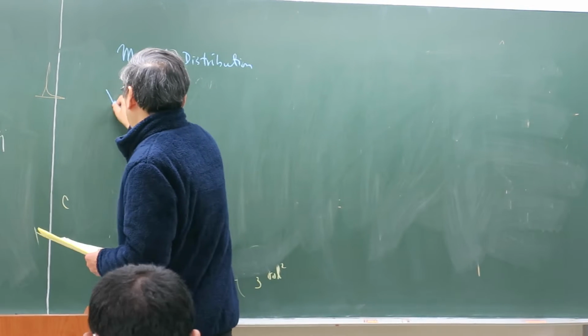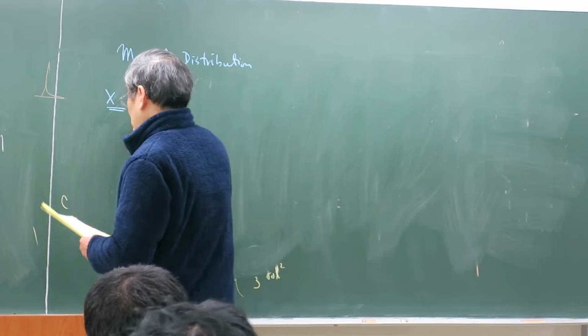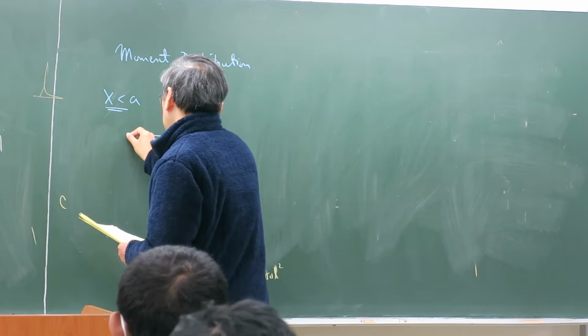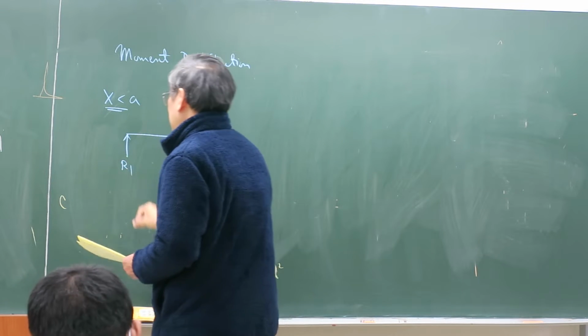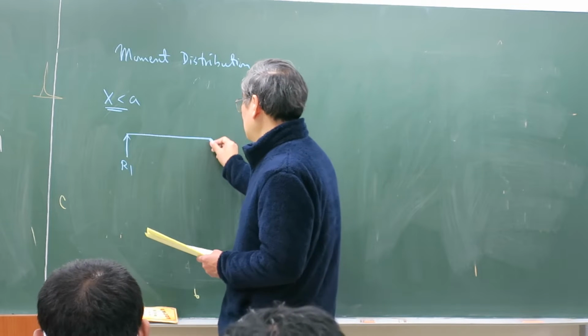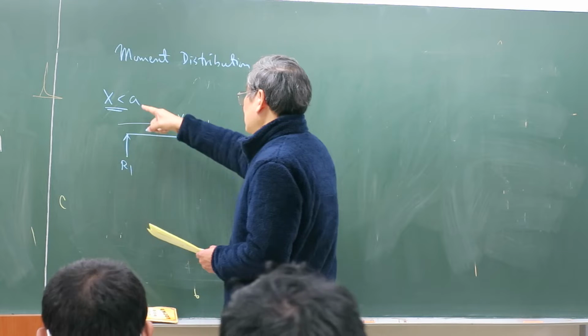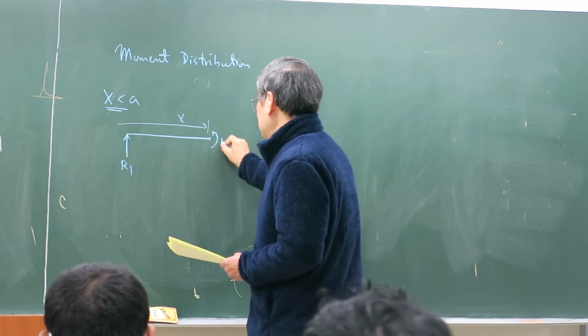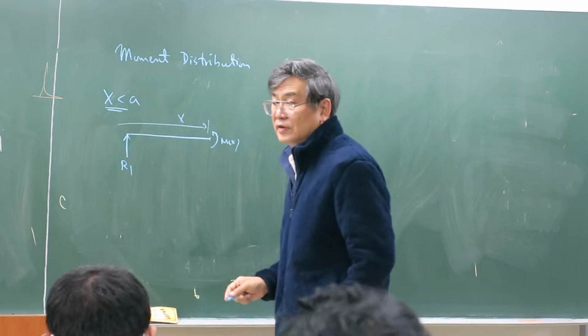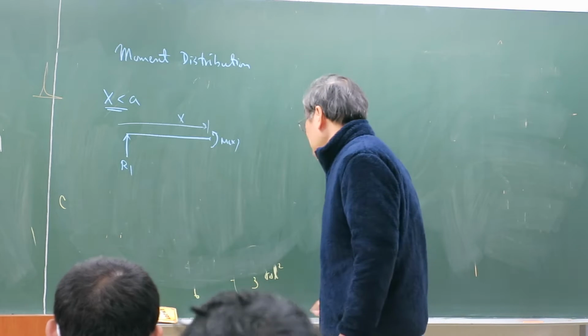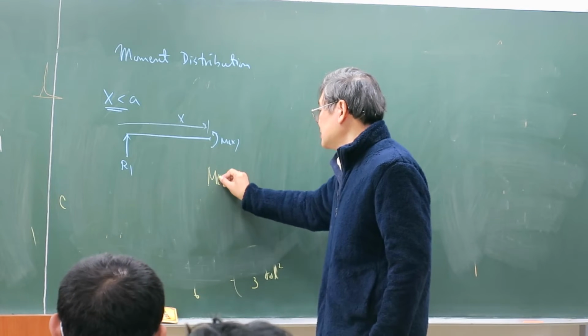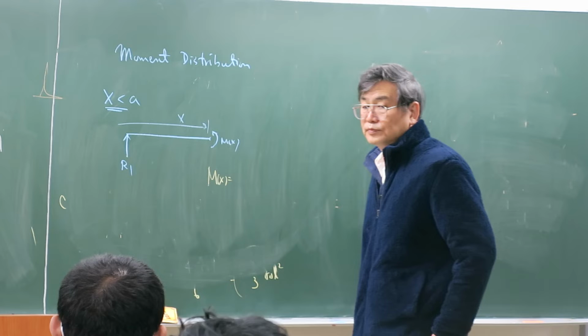For x smaller than a, I have an R1 reaction, and this is x. For x smaller than a, we have a moment inside it. So the moment inside, Mx, is equal to what?